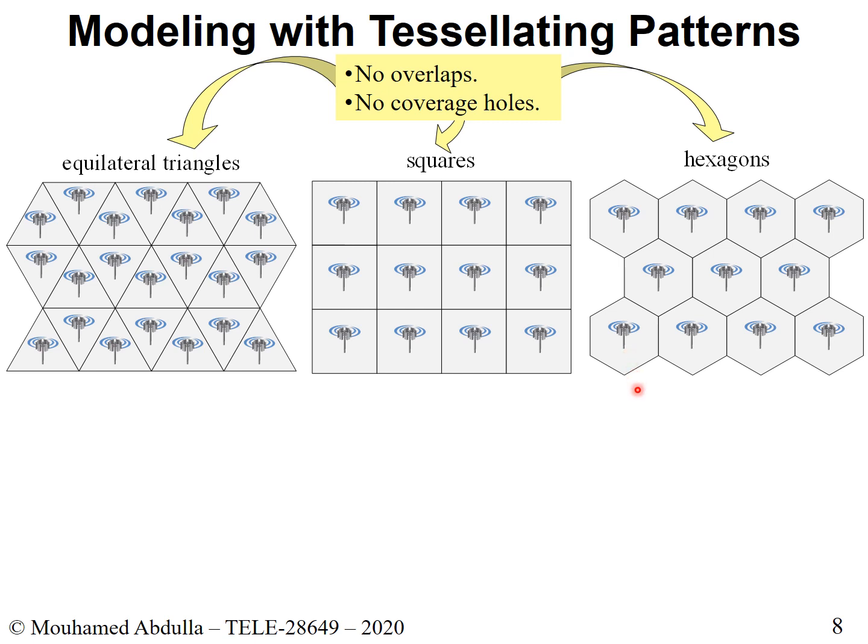And the shape of the cell is also dictated by the different obstacles and objects that you have in the channel, that you have on the ground. Buildings, trees, bushes, other types of obstacles, people walking, cars, all this will dictate the way the coverage of a cell will be. But on average, we said a circular cell makes sense. So if you look at this, none of these are circular, but they are models of what a circular cell can be.